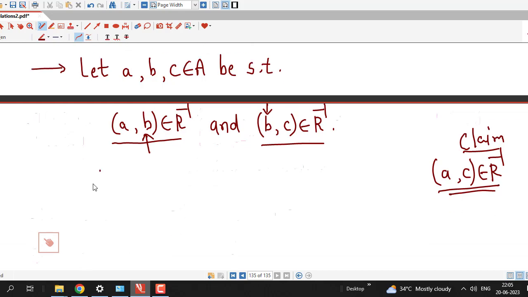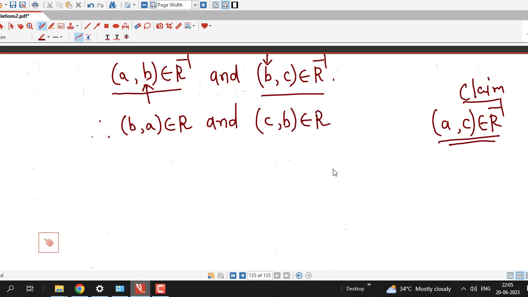So here also we use the definition of R inverse. (A, B) belongs to R inverse gives me (B, A) belongs to R by the definition of converse. Same thing here, (B, C) belongs to R inverse, that means the ordered pair (C, B) belongs to R, and we know that R is transitive because R is an equivalence relation.